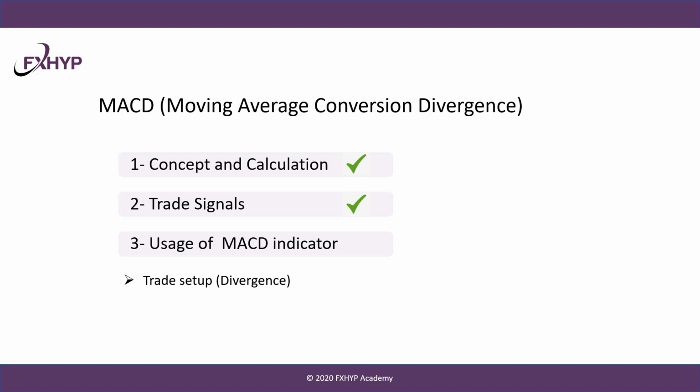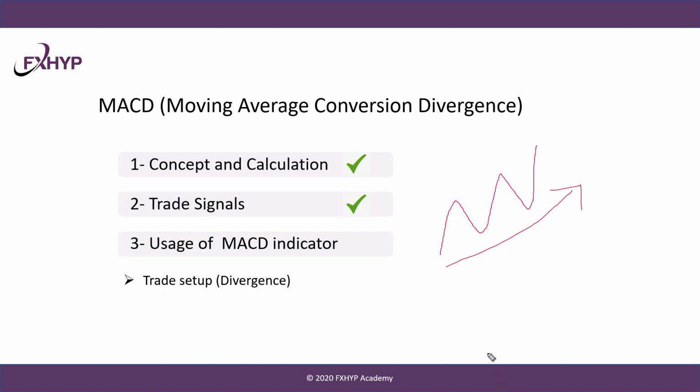The first one, it gives us the trade setup through divergence, either a negative divergence or positive divergence. What is the concept of divergence? Divergence means the incompliance or the difference between the price movements and the indicator movements. For example, if the price action gave us higher highs, higher lows, you are on an uptrend, right?